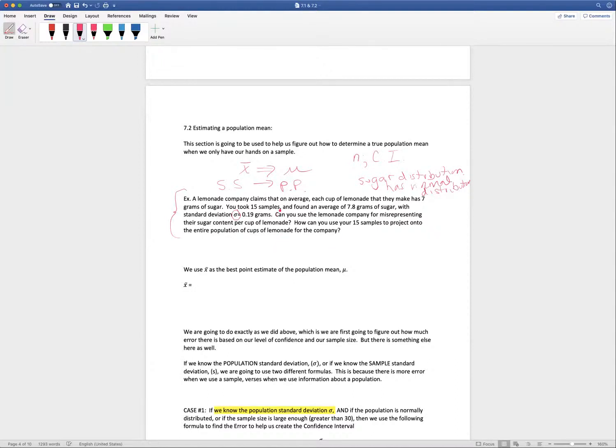As before, when we used p hat as our best point estimate of the population proportion, we're going to use x bar as the best point estimate of the population mean. So we're going to use our sample mean as the best point estimate of the population mean. And in our 15 samples, we found an average of 7.8 grams of sugar.